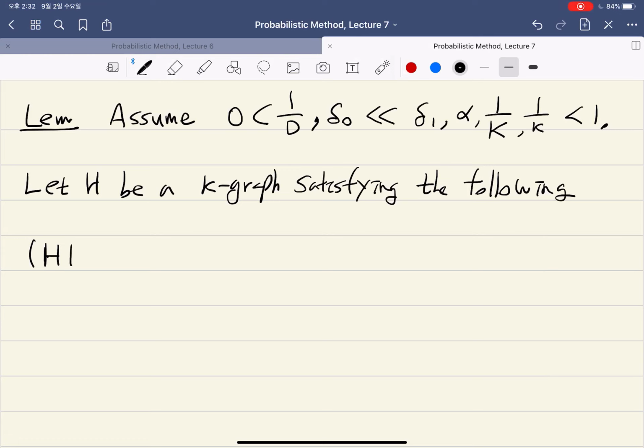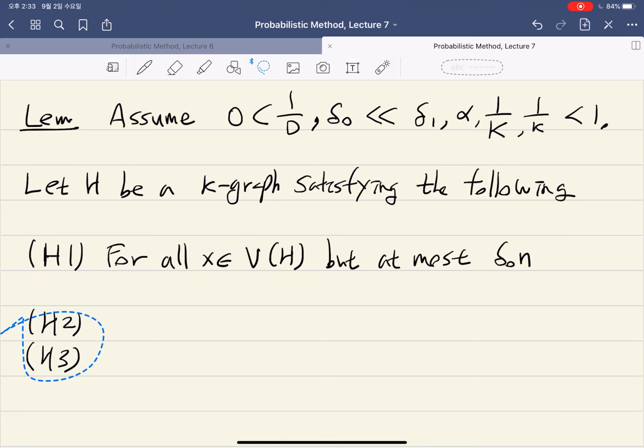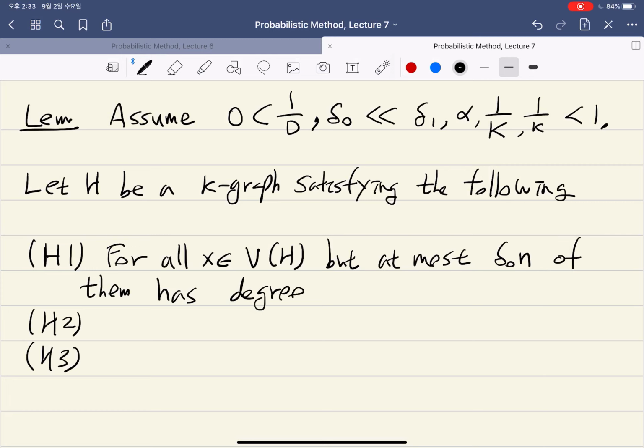For our convenience, again, this will be almost regular with a small codegree, but we will divide this almost regularity condition into two. For all vertices, but at most delta 0 n of them, so except a small number of vertices, all the other vertices have degree which is correct.